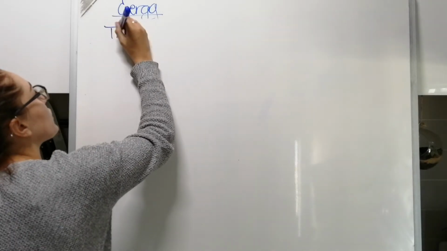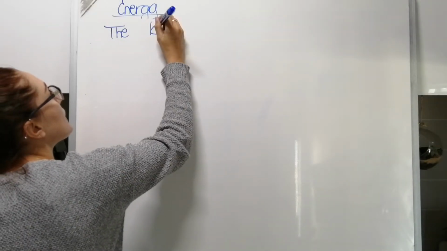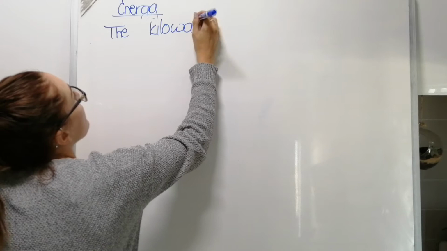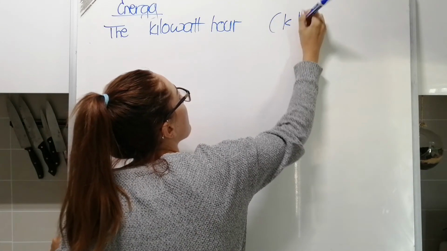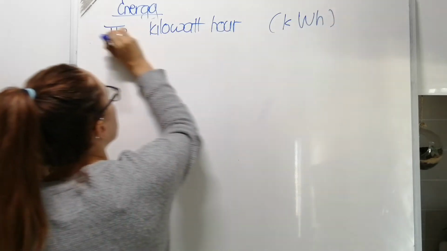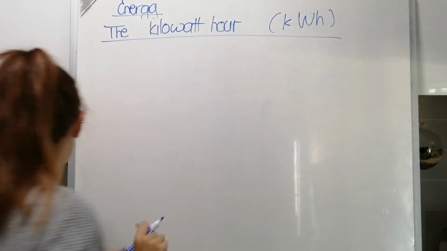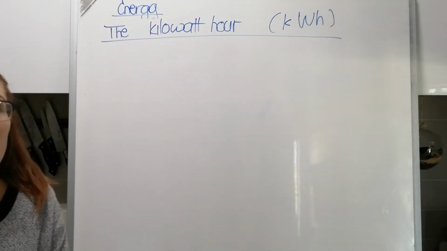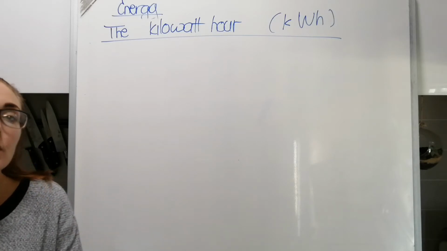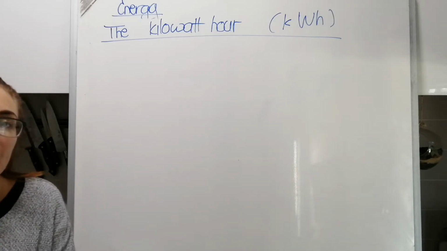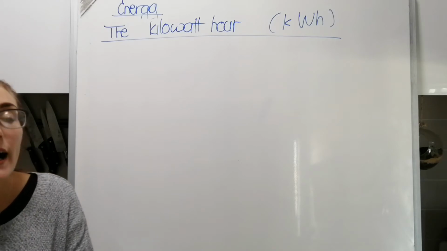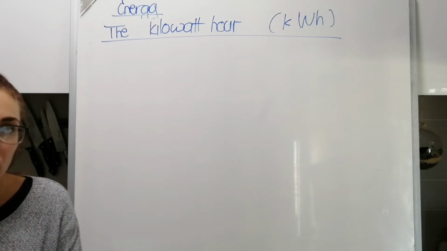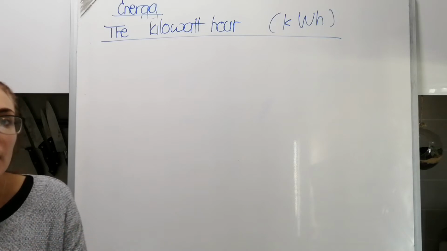So that's what we're going to have a quick look at now, the kilowatt hour, or kWh. If you can determine how much power is dissipated by a circuit or by a specific component, and you know how long you're going to be using that component for, then you can determine the kilowatt hour.